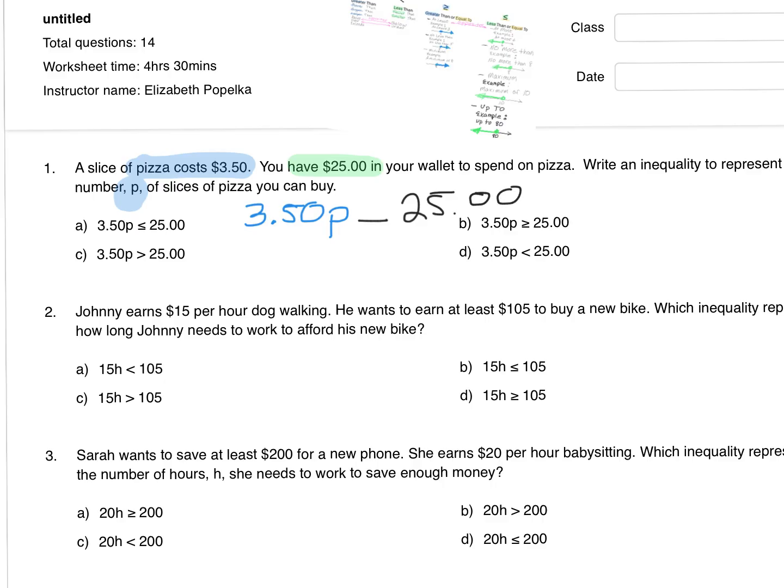So remember that inequality symbol there means I could spend exactly $25, but I can't spend more than $25 because $25 is all I have. So I can spend $25 or less than $25. So the inequality for this situation would be A. $3.50 per slice of pizza has to be less than or equal to $25.